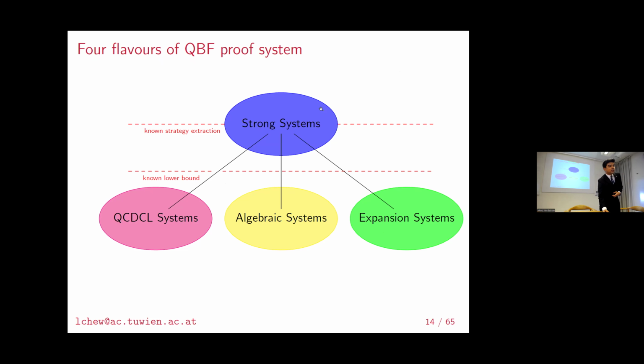And at the top, we have these strong proof systems, which are generalizations of extended Frege, generalizations of DRAT or the Sherali-Adams calculus. We have known lower bounds for some of the weakest proof systems, and we say that these stronger systems are basically the ones that don't have any known lower bounds. And we have this line about strategy extraction, which I'll explain in a bit.